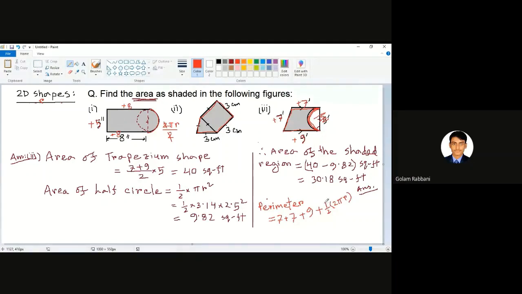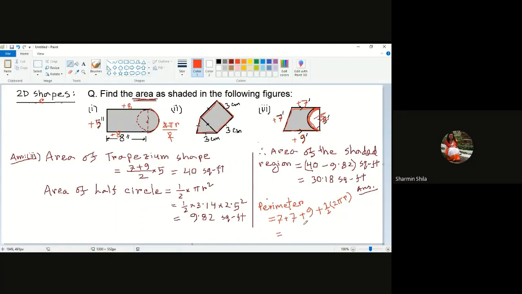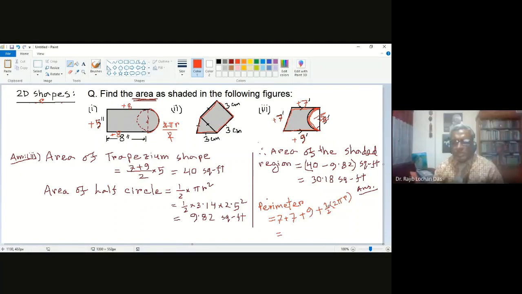Do you understand? The result will be 7.854. You understand this thing? Sir, pi r. Yes, pi r. So you calculate pi into r. So it will be 7 plus 7 plus 9 plus pi into r.